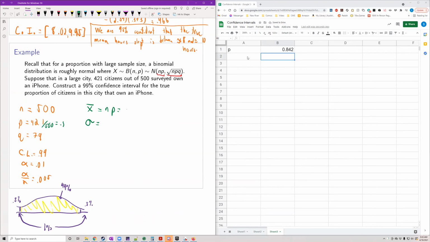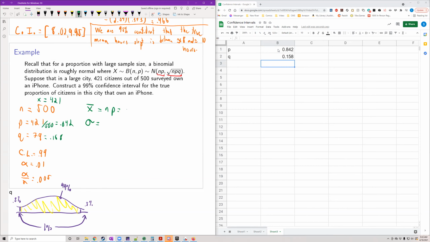So 0.842. And that means that for Q, we can either do the same thing again, 79 divided by 500, or it's 1 minus the chance of success. So equals 1 minus this gives us 0.158.